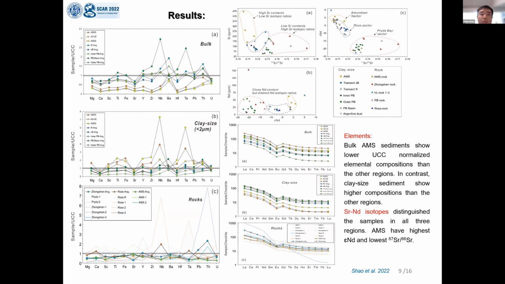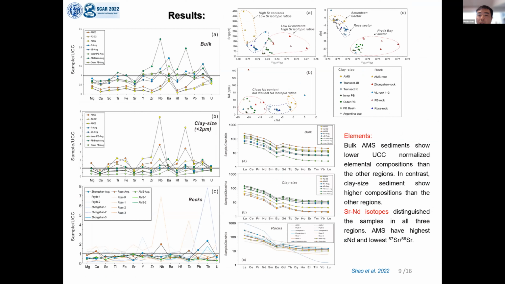This is our result, including the elemental and isotopic composition. For the elements, bulk Amundsen Sea sediments show lower UCC normalized elemental composition than the other regions. In contrast, clay-sized sediments show higher concentrations than the other regions.